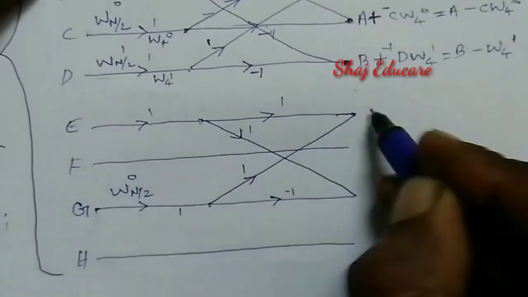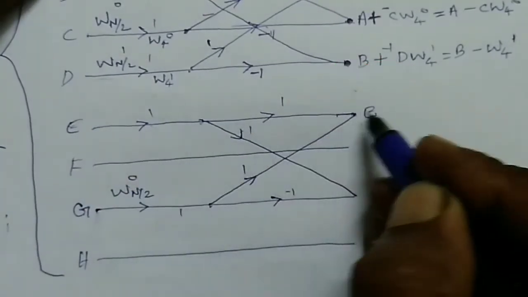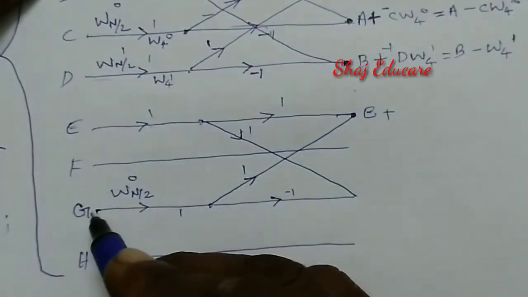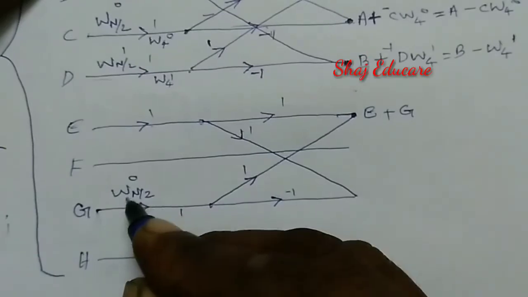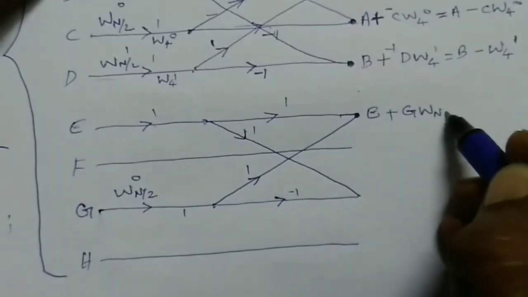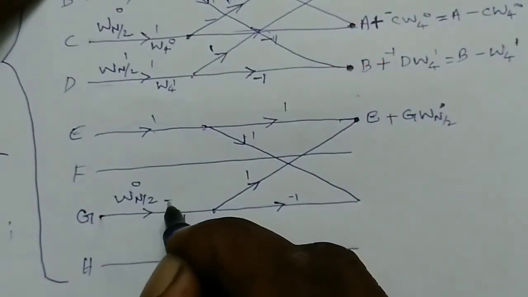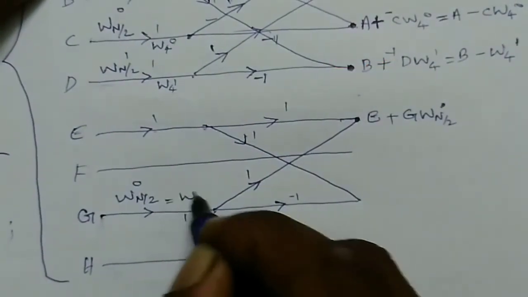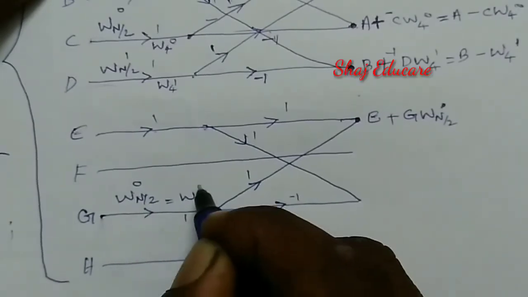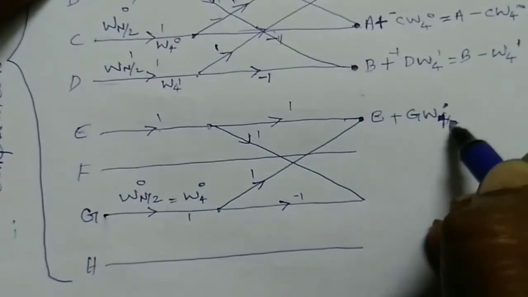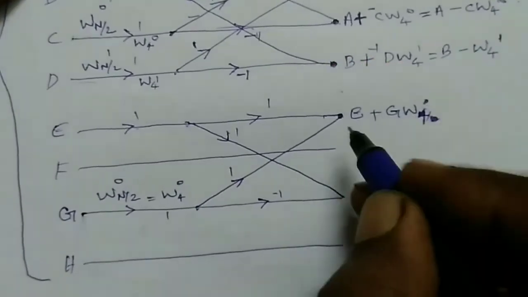Here E into 1 into 1 becomes E, then plus another connection is coming from G into W_(N/2) raised to 0. As N is equal to 8, let us write it as W_(8/2), that is equal to W_4 raised to 0. So I am going to put it directly here, W_4.